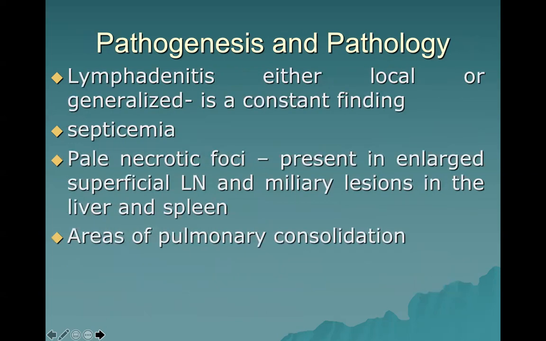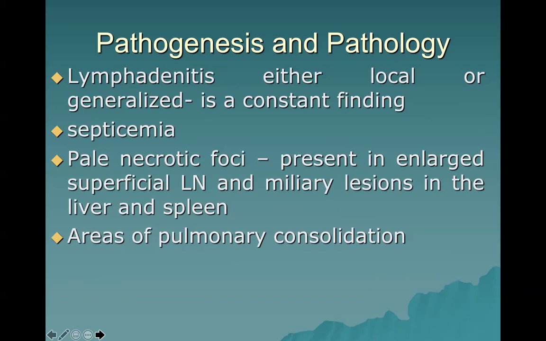Lymphadenitis, either local or generalized, is a constant finding. That's why we mentioned that it resembles the bubonic plague caused by Yersinia pestis. When we say bubonic plague, there is inflammation of the lymph nodes, which we call buboes.